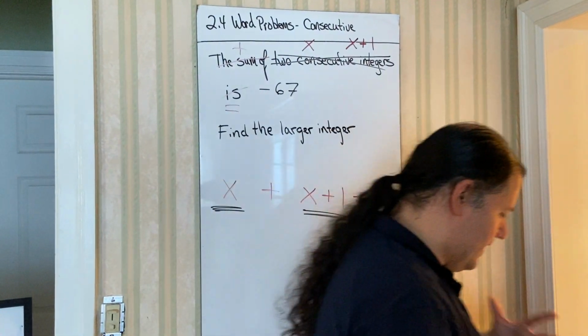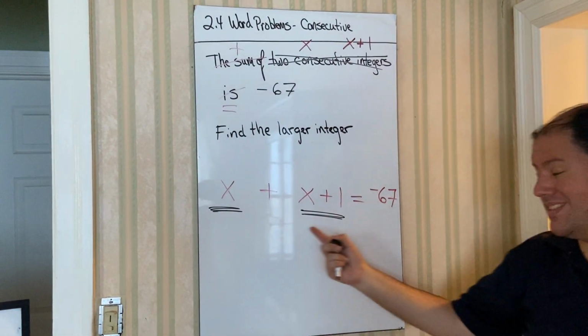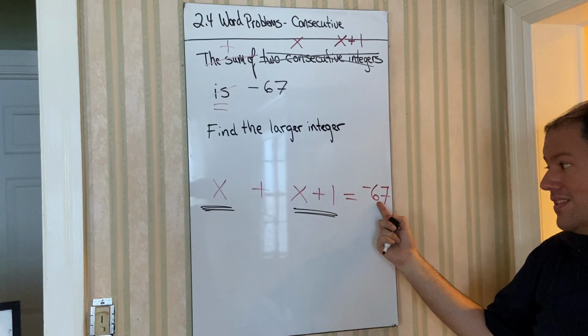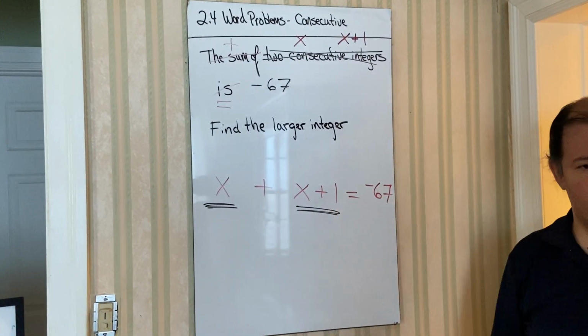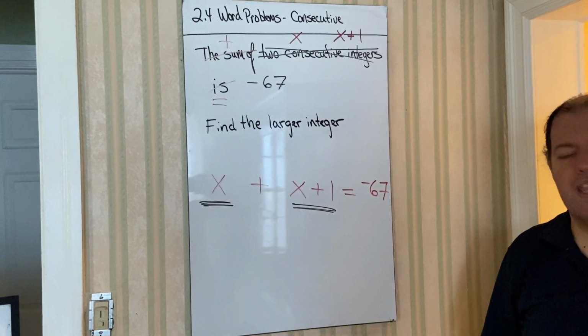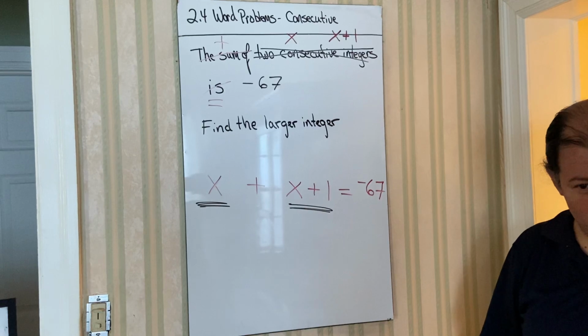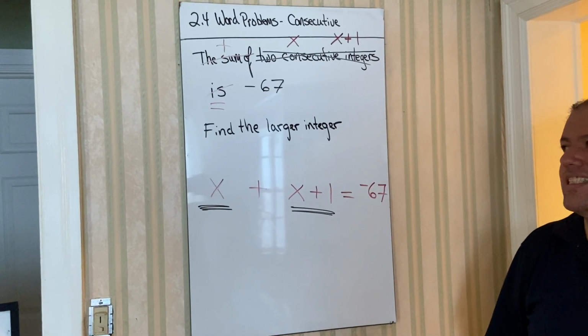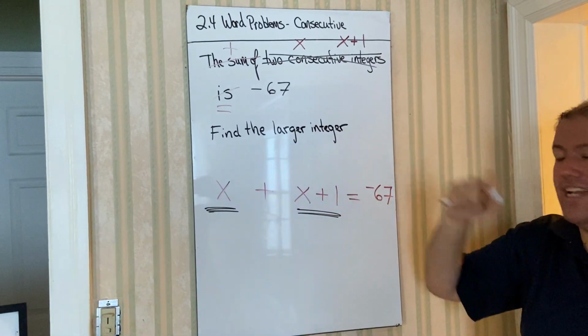Now that I have written this out into an equation, notice it has no words, it just has what? Numbers, variables, and operation symbols. Then we can solve this. Now in the solving step, you just have to be careful about what the question's asking for, okay? So I left it up here, find the larger integer.